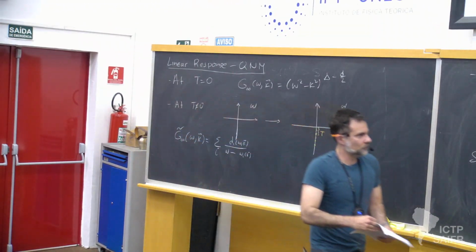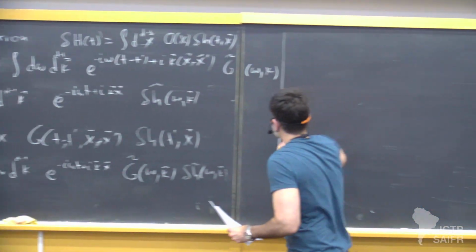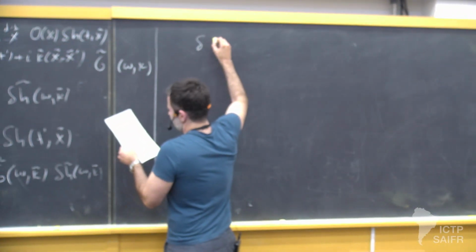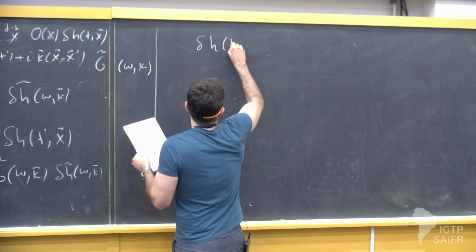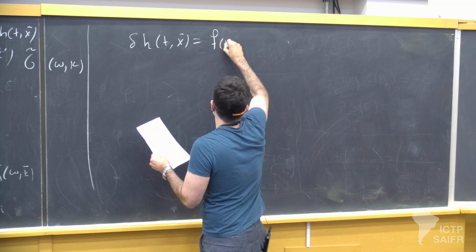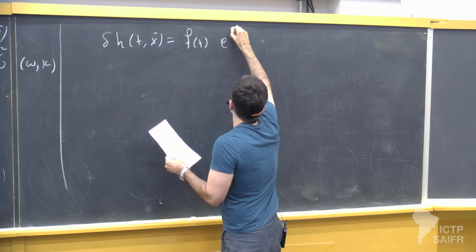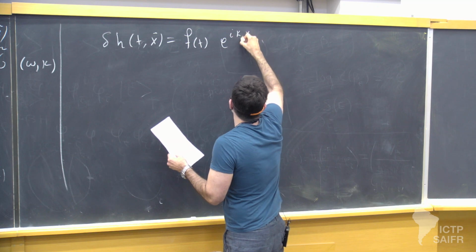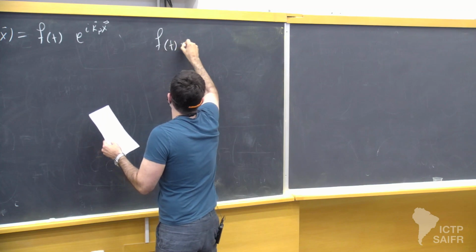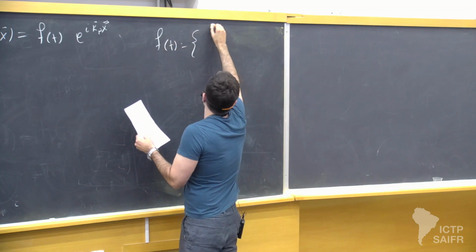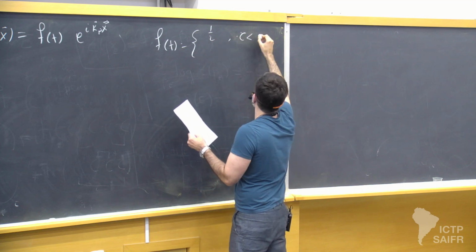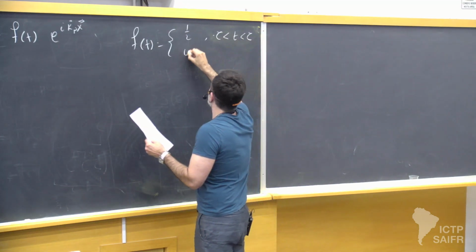Okay? So if I do a simple example, let's take a simple pulse. So if in real space the source looks like this, delta h of t comma x, let's say that you have something monochromatic. There is a function of time, which is like a step function, times some monochromatic wave vector, and f of t is 1/2 for t being between minus tau and tau, and 0 otherwise.